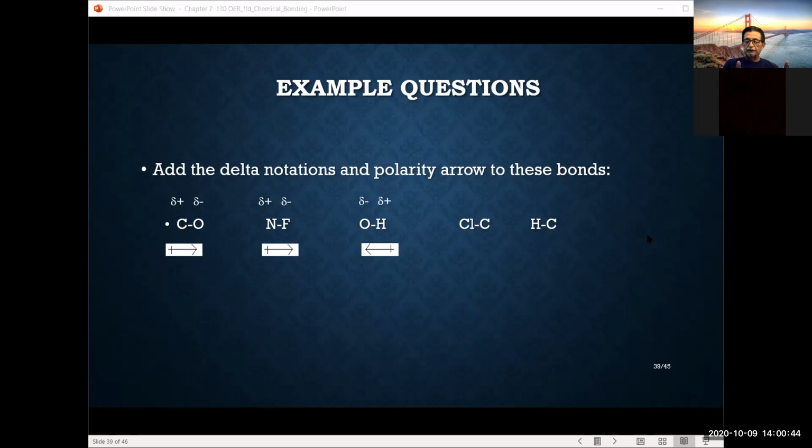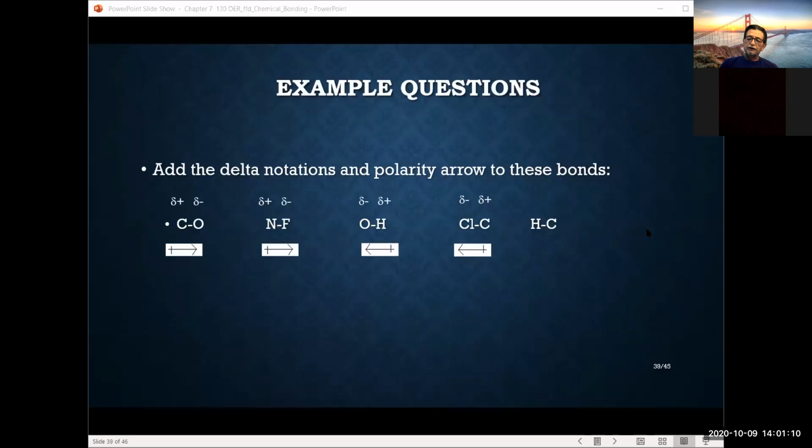Now, they may draw it like this, O followed by H, but they can also draw it H-O. Either way, it could be shown, but it's up to you to draw the arrow in the right direction. Carbon chloride definitely has a polar bond. Chloride being a lot more electronegative than carbon, therefore the arrow goes from right to left.